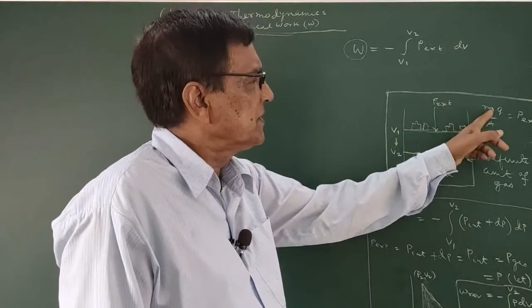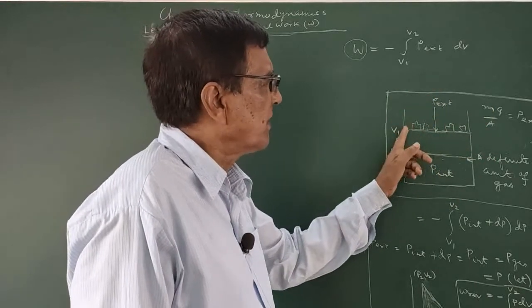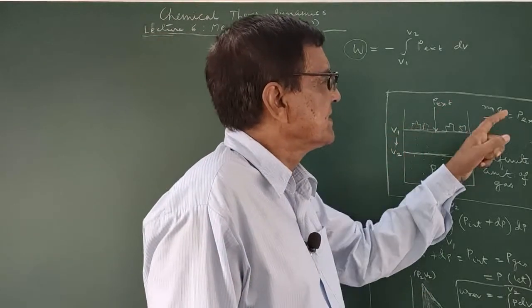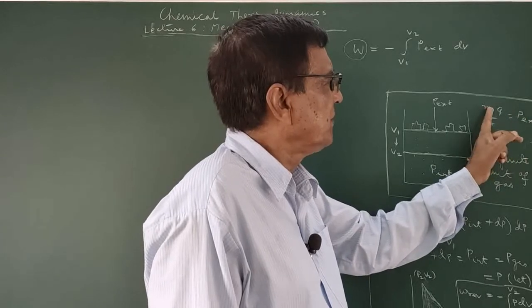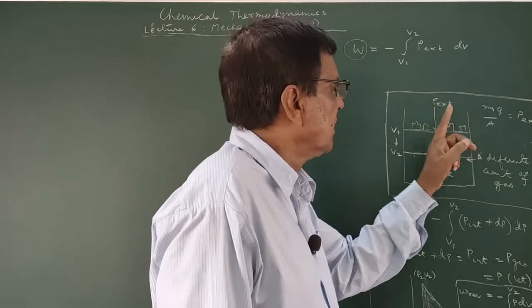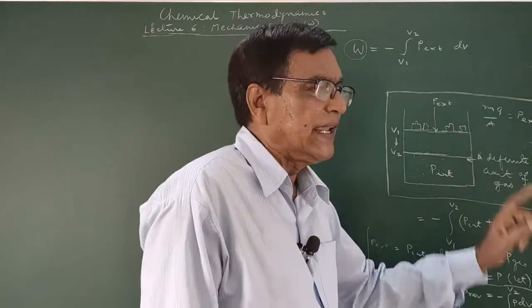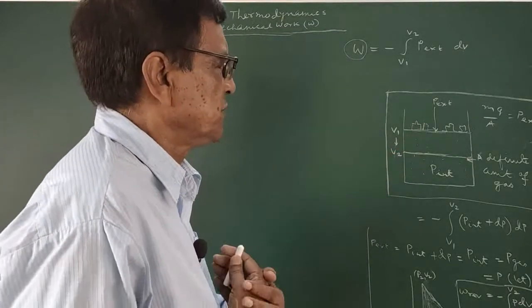If m is the mass placed over the piston, then the pressure is equal to mg by A, equal to P external. m is the mass of this weight placed on the piston, g the acceleration due to gravity, and A the area of cross section of this piston.